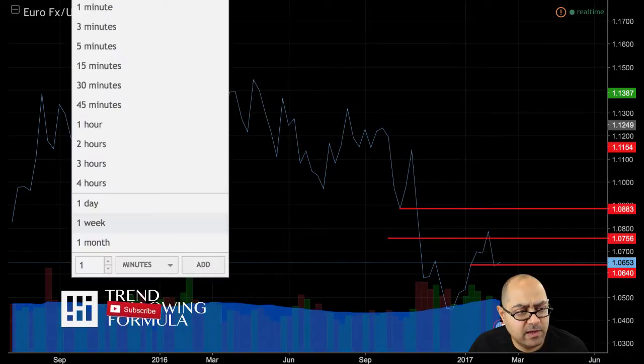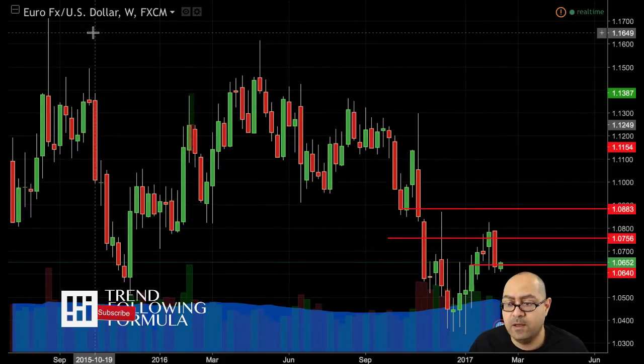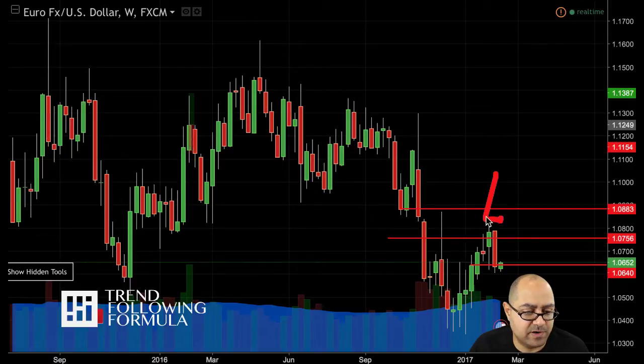So if you look at the euro dollar candlestick chart, you will notice that basically we have very strong evidence showing a potential reversal in the market. That is a very strong candle.